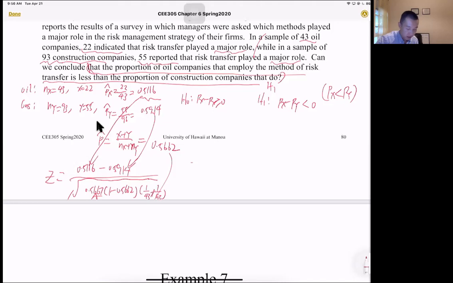So we plug in the numbers, and the z-score is calculated as minus 0.87.